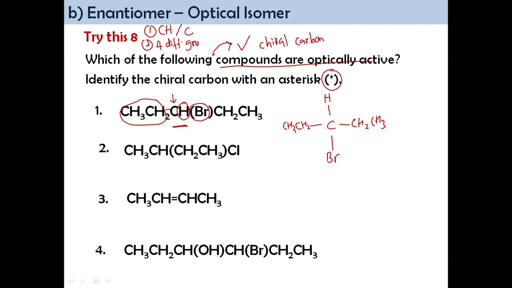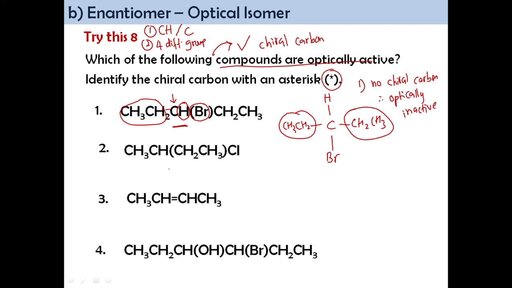Adakah dekat compound yang pertama ini, this is 4 different group? Okay, hydrogen dengan Br memang tak sama, tapi CH2 dan CH3 adalah sama. Jadi, tiada chiral carbon. Okay, so for compound number 1, no chiral carbon. So, bila dia tiada chiral carbon, that compound is optically inactive. Okay, atau awak boleh tulis not optically active. Sebab tak ada chiral carbon.